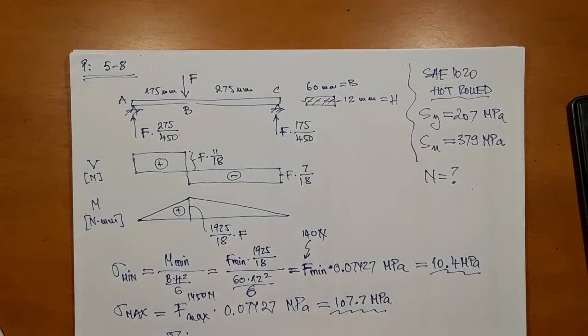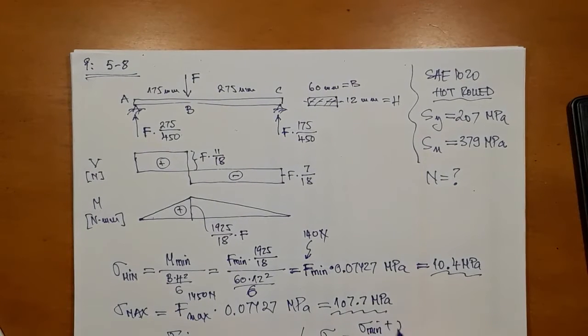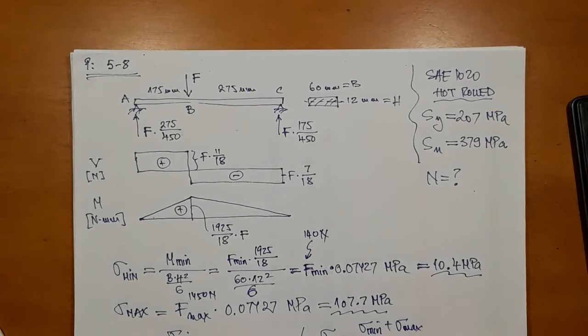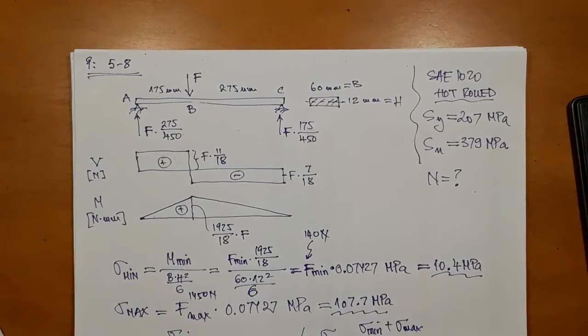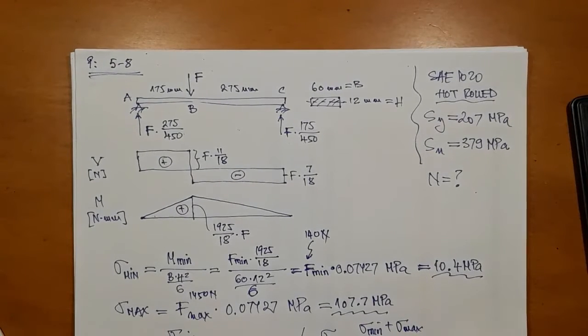What I also want to calculate is, because it's a mean alternating stress diagram, sigma mean, and sigma mean is going to be the minimum value of sigma plus sigma max divided by 2. Sigma alternating is going to be sigma max minus sigma min divided by 2.